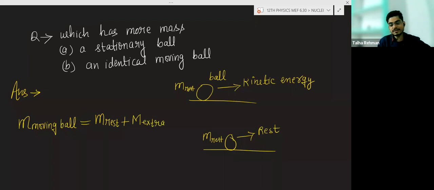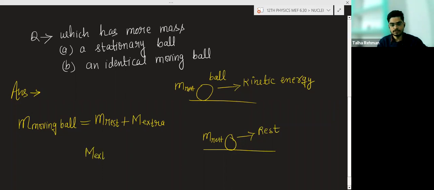And what will be that extra mass? That extra mass is due to the kinetic energy divided by c square.